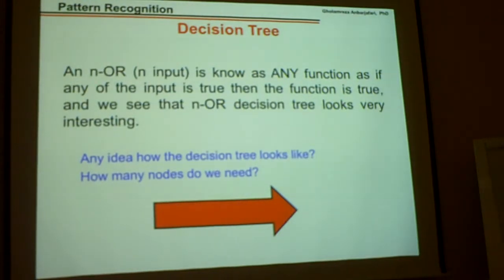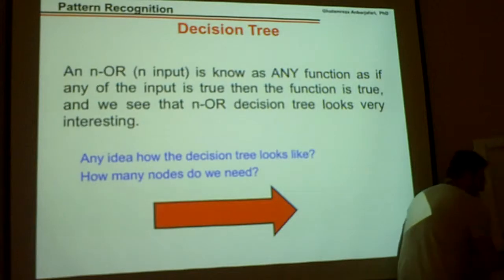A1, if it is true, that's positive, right? If it is false, I check A2. If this is true, that's positive. If this is false, I look at A3, till I get to AN. If this is false, it is negative. If this is true, this is positive.